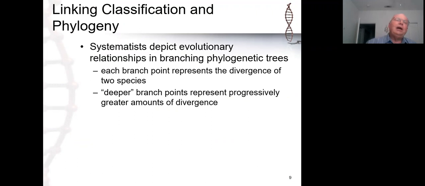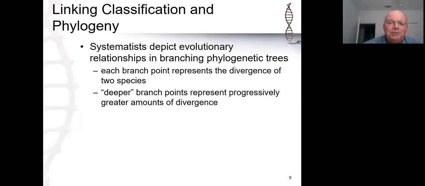So when we start thinking in terms of trying to create a link between the classification schemes that were used by Linnaeus and subsequent taxonomists and our modern understanding of phylogeny, evolutionary history, we rely on the branching trees. Now, the branching trees do make comments about evolutionary history.